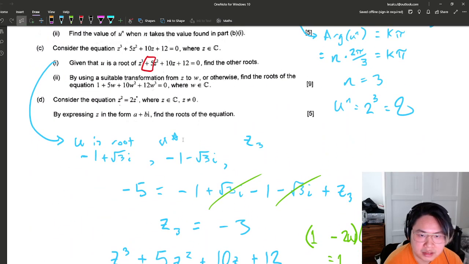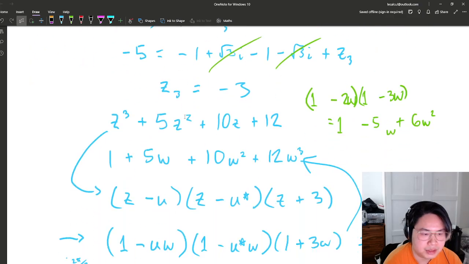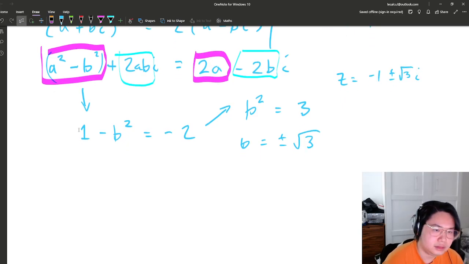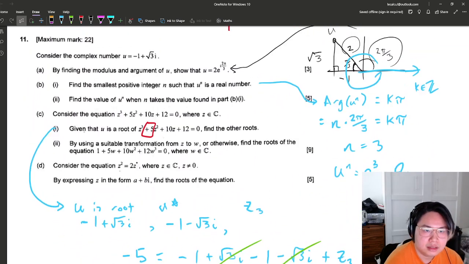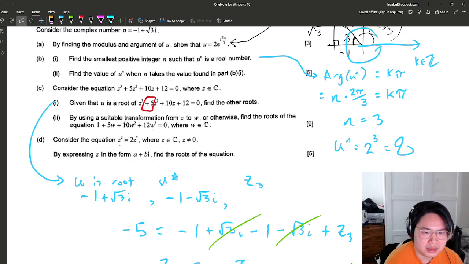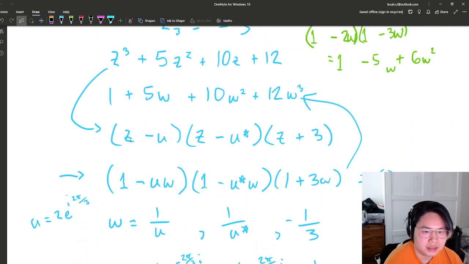Do they tell me if I only need 1? It just says find the roots, so there should be 2 roots. Then you're done, right? z is equal to -1 plus or minus root 3i. Done. This one's pretty straightforward aside from this one with the w thing.